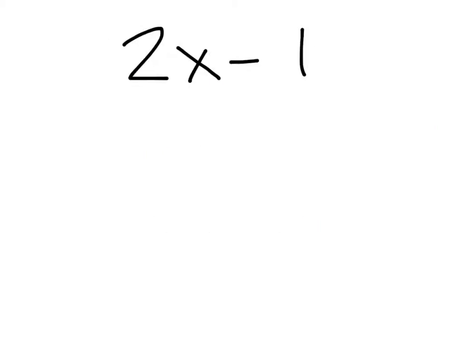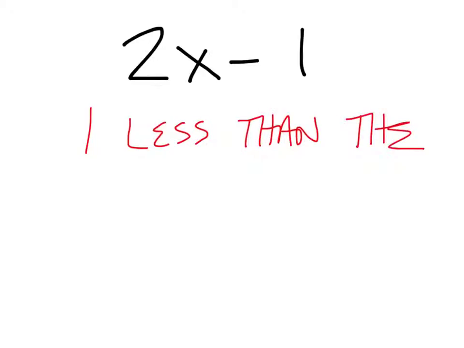Example 4. 2x minus 1. How would I say this one? Salyers. 1 less than 2 of the number. What's this?